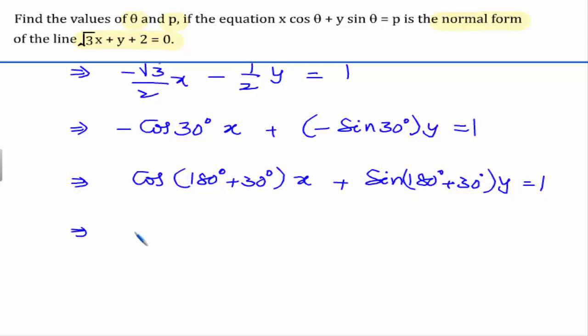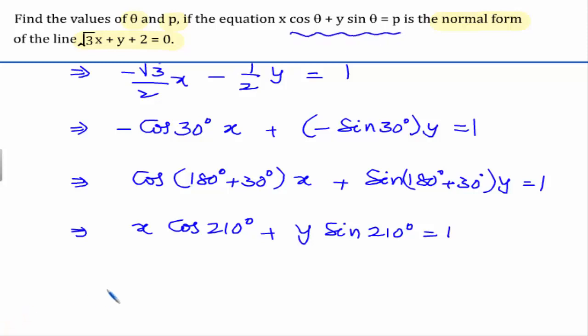So this can be written as x cos 210 degrees plus y sin 210 degrees is equal to 1. Now when we compare with the normal form, theta is equal to 210 degrees and p is equal to 1.